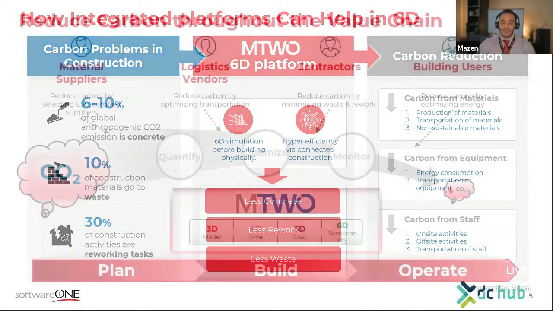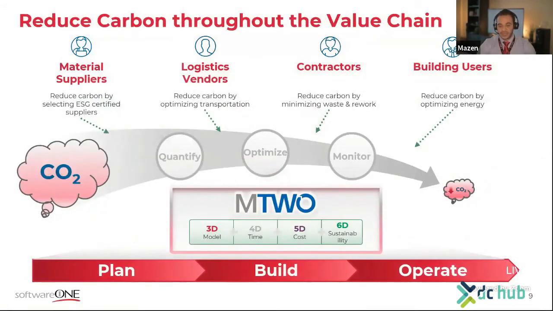And across the plan, build, operate phases of the construction process, we reduce carbon by engaging our supplier to reduce the carbon that is embedded in the materials, and selecting suppliers with low carbon footprints. We can choose better logistics processes by lowering the amount of transportation that goes into bringing the materials to the projects.